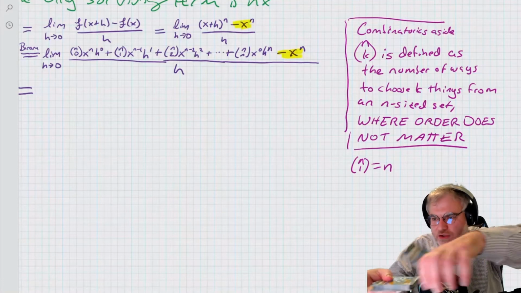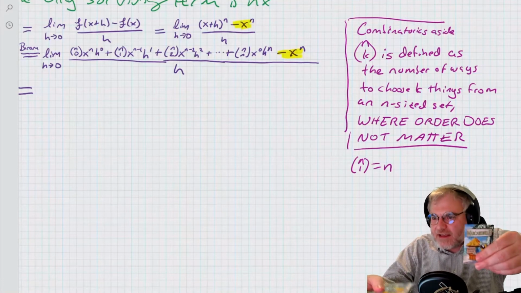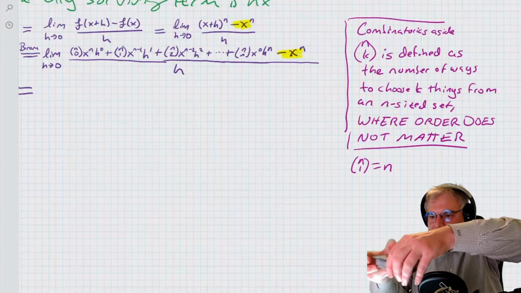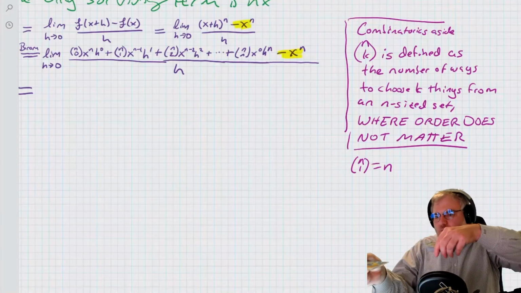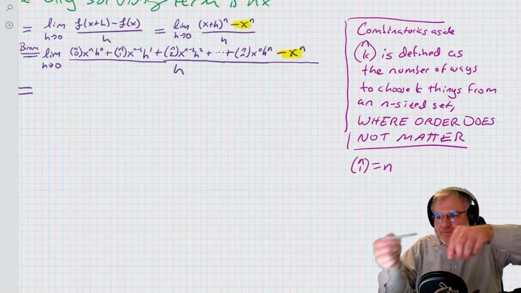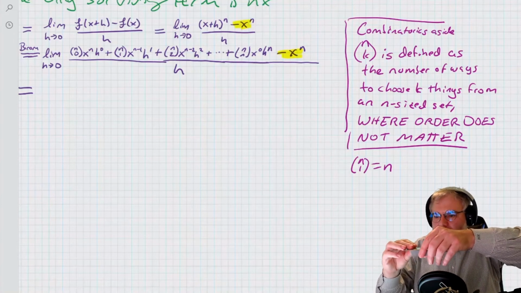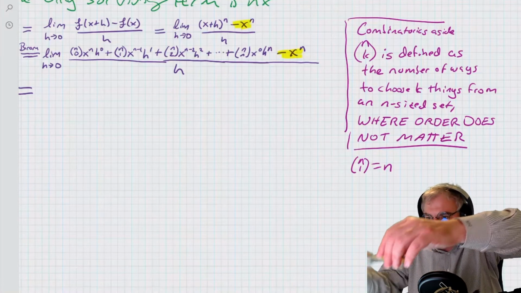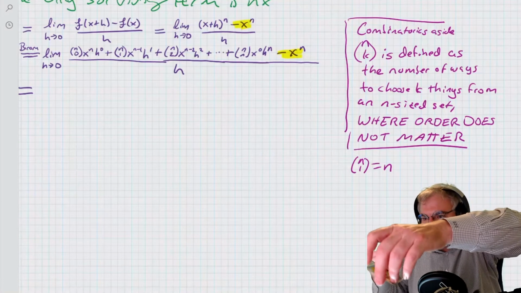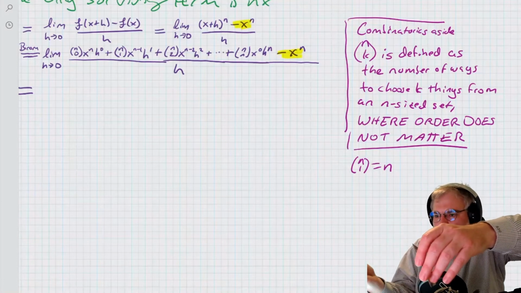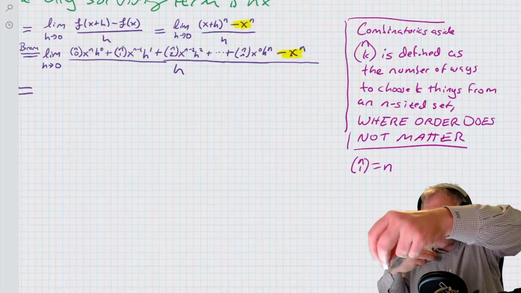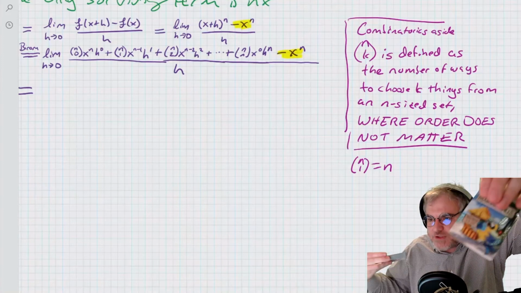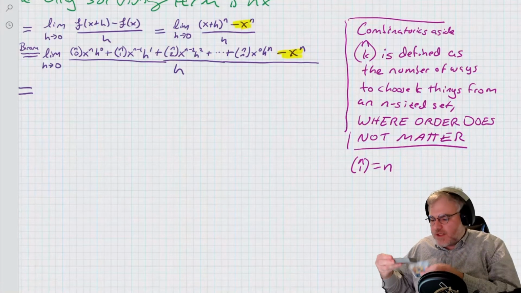Because all you do is pick the one that's left behind. I could give you one card and keep 51, but that would be the exact same thing as you giving me 51 cards and keeping one, right? If I pick the 51 cards that I get, the card that you get is the only option. So there's only 52 ways for me to do this.